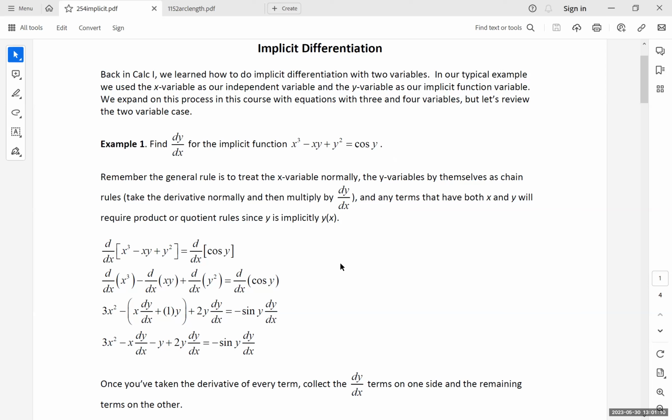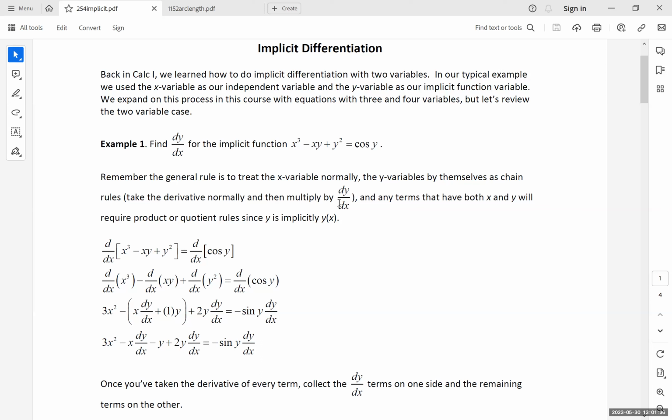And typically when I do this myself on paper, I don't actually use dy/dx until I get to the end. I use y prime because this is kind of messy. It takes a lot of writing, but I'm going to use it in this example just so that we can be a little clearer about how the derivative is being applied in a couple of cases.